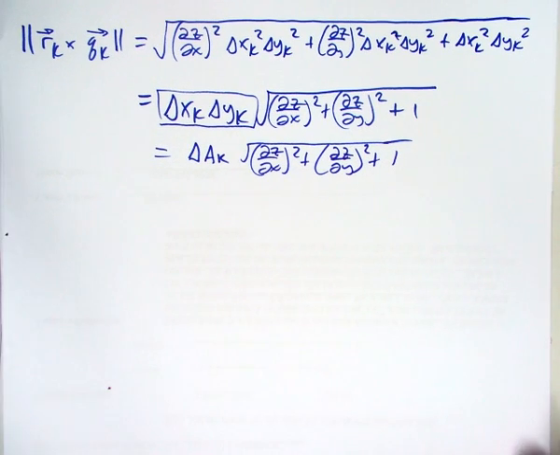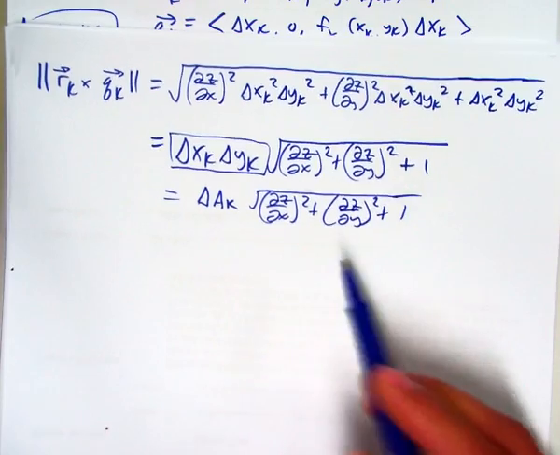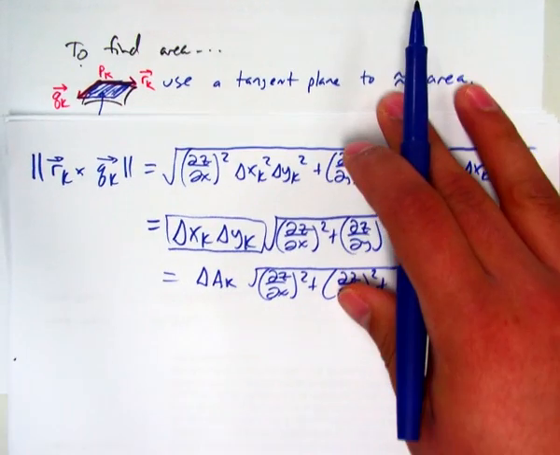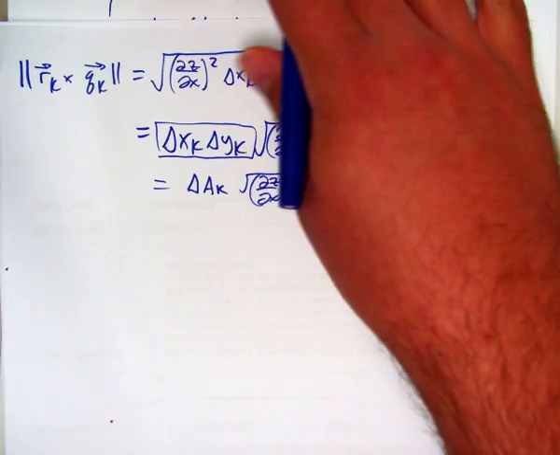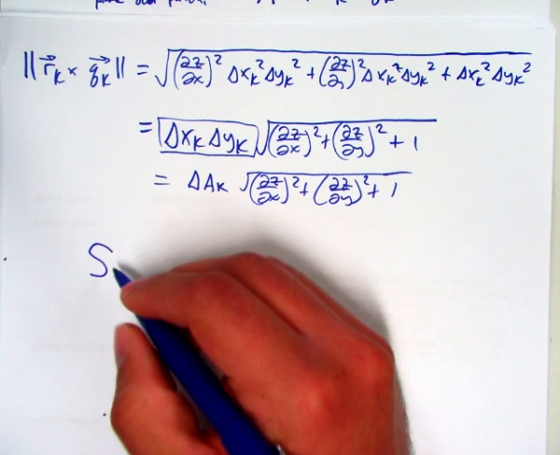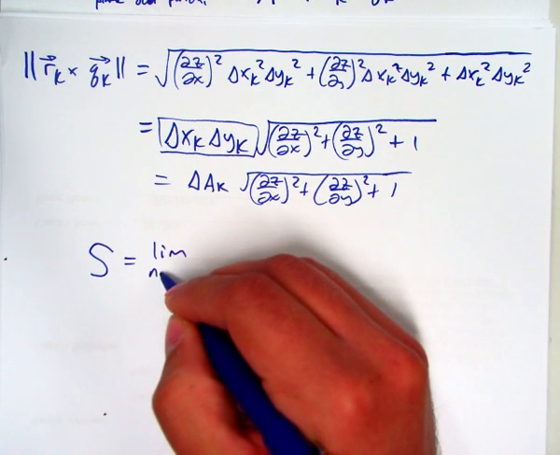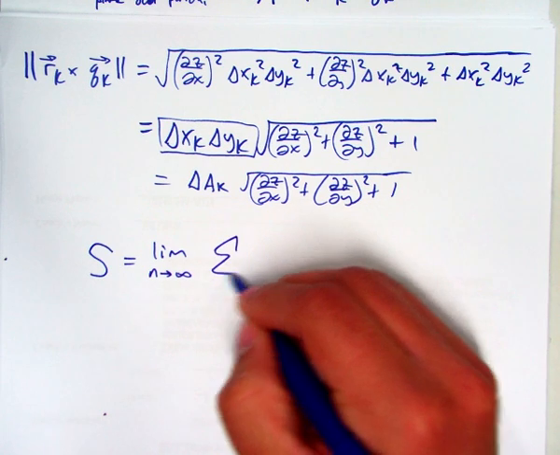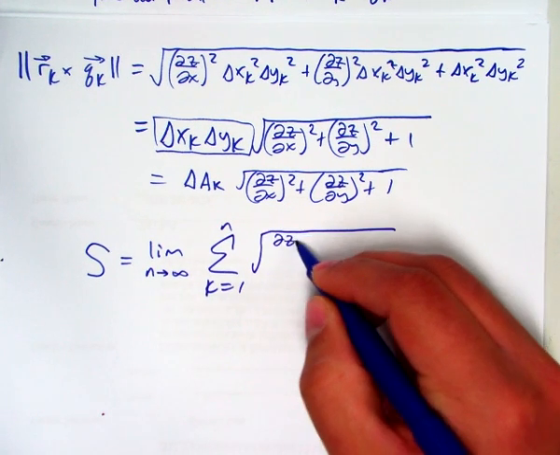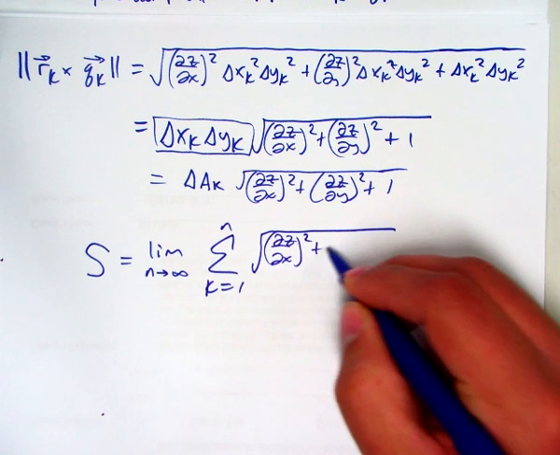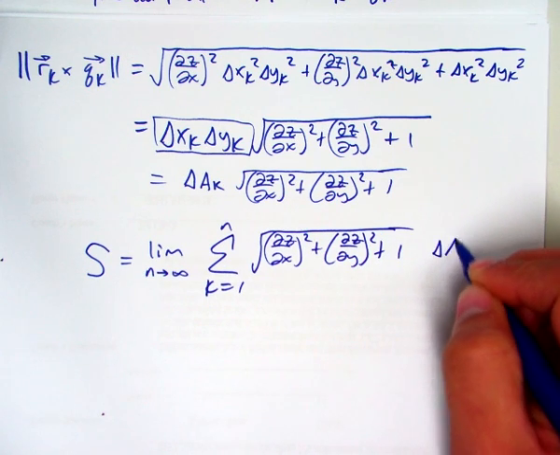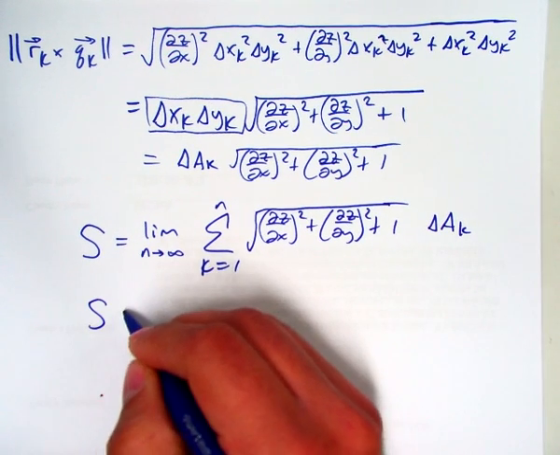Okay, so that's what the area would be for one of these little patches right here. Now for the next little patch, we just do a sum. So we take the limit. So the actual surface area will be the limit as n goes to infinity of the sum from k equals 1 to n of all of these little areas, which then gives us the surface area formula.